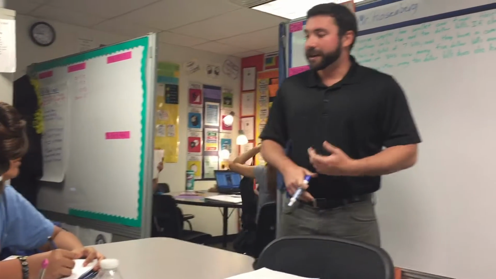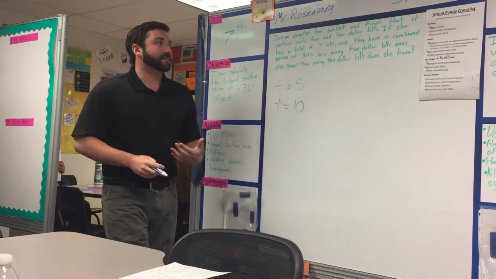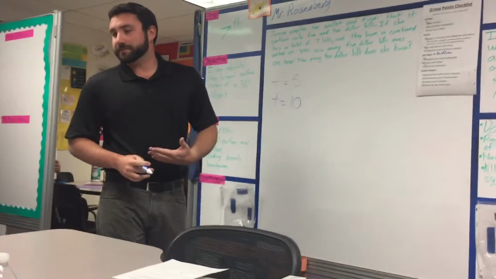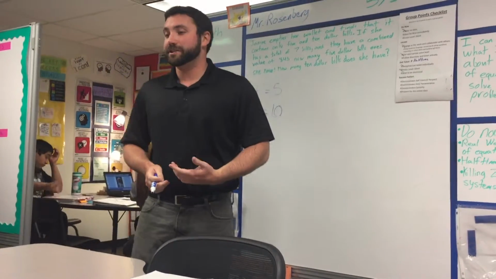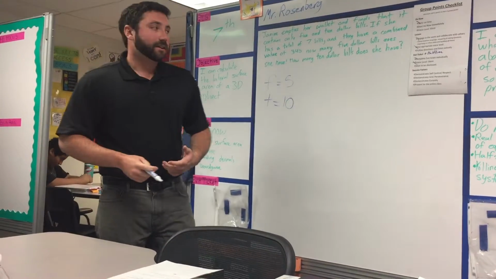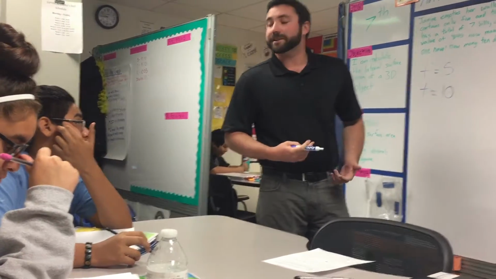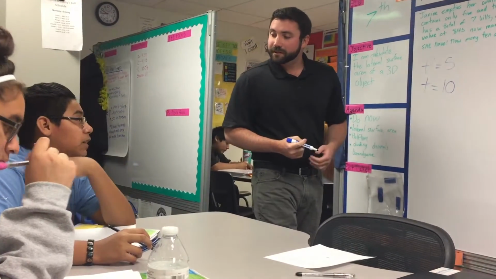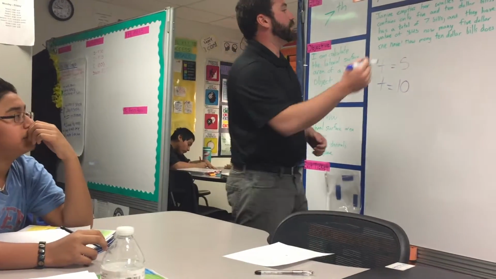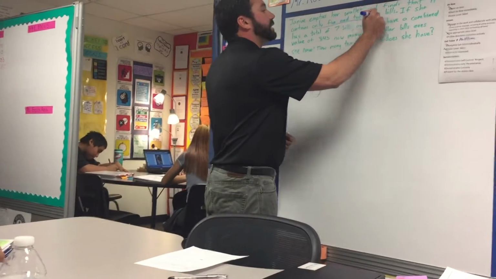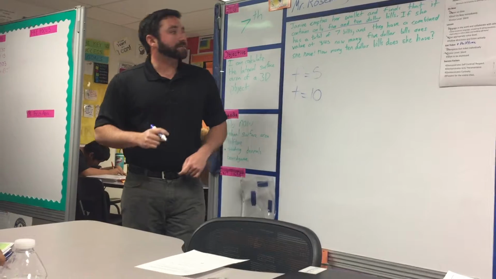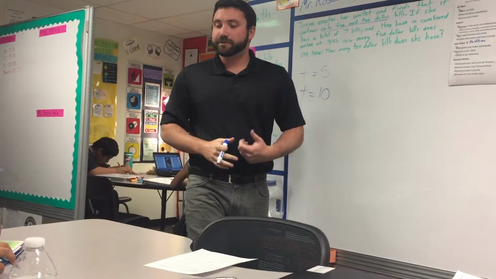Okay. Our next step is to highlight the important information in this problem that's going to help us write our two equations for our system. So what is one important piece of information that this problem tells you? She only has $5 and $10 bills. Okay, she only has $5 and $10 bills. What's something else that's important that's going to help us write two equations?